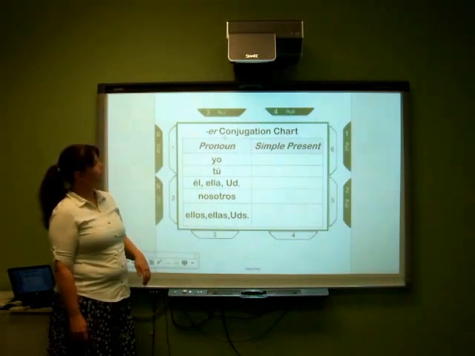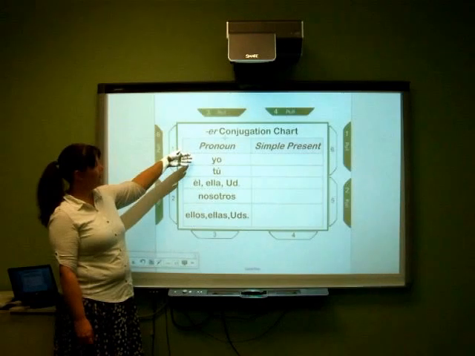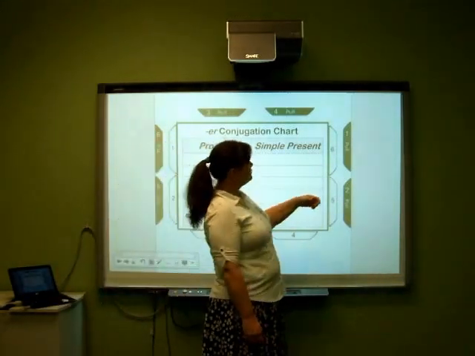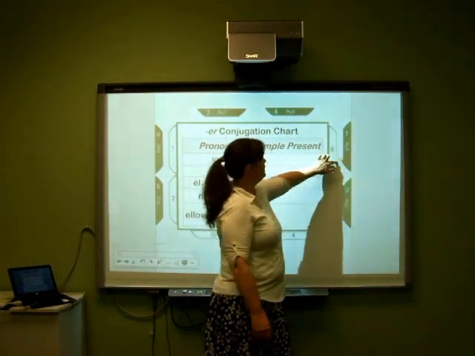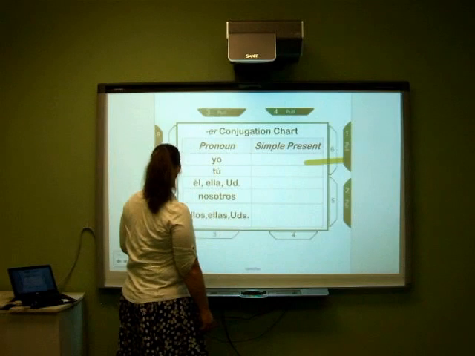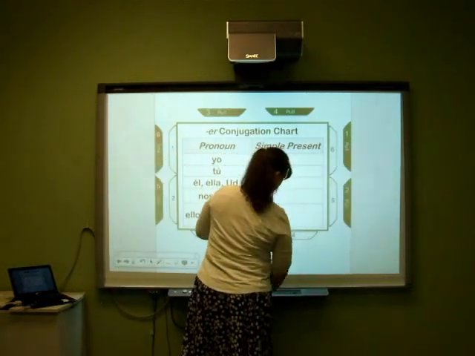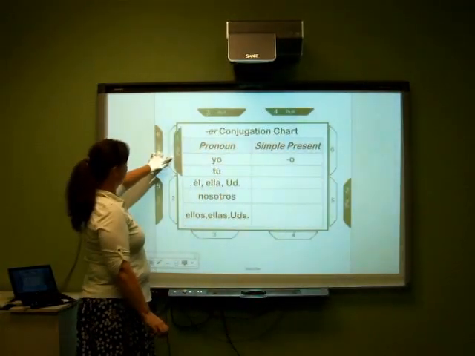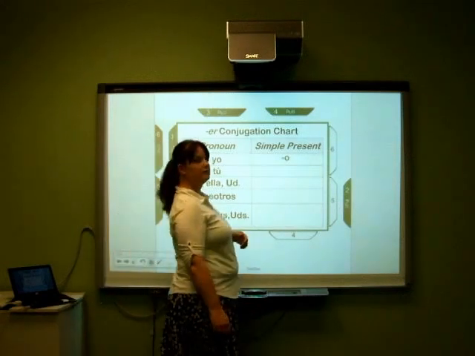For the first pronoun form, we have the yo form of the verb. Remember, yo means I. To conjugate it, we would drop the ER off the end of the verb and we would add O. So, comer becomes como.